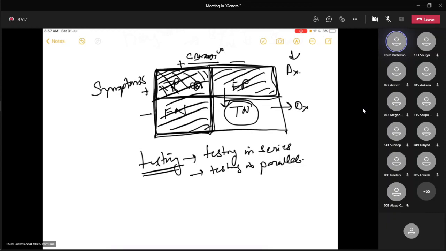Often to diagnose a particular disease we use two different screening tests together. মন দিয়ে শোনো, screening test দিয়ে ডায়াগনোসিস করা যায় না, কিন্তু we use two different screening tests together to convert them.